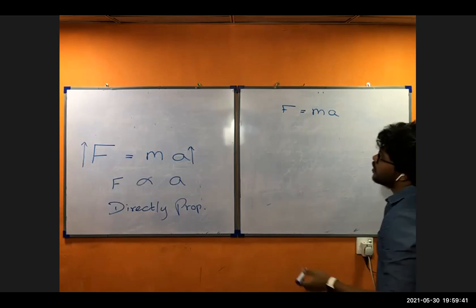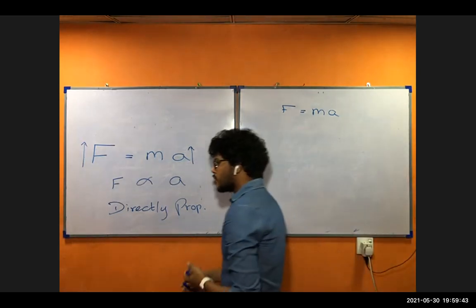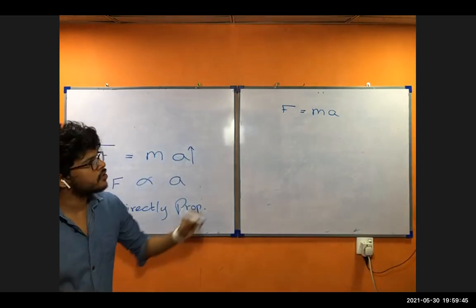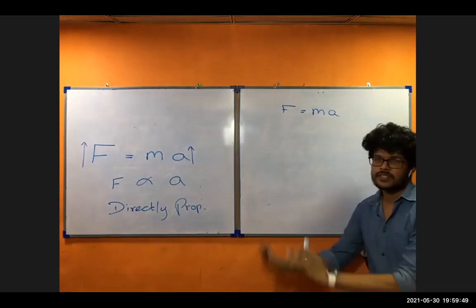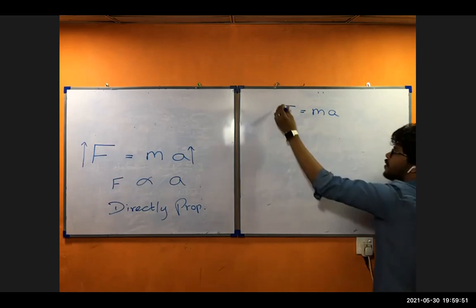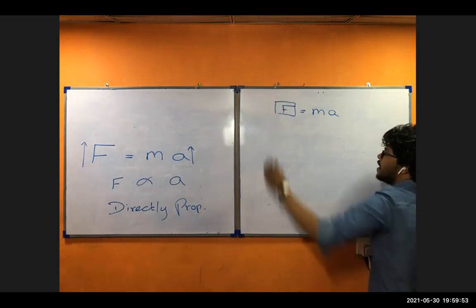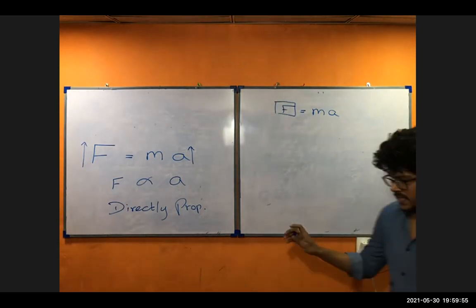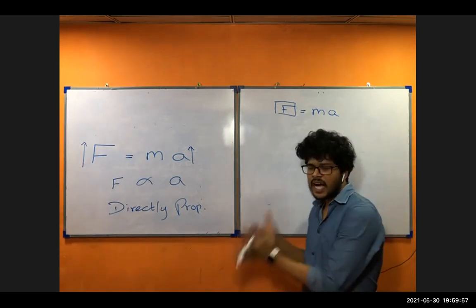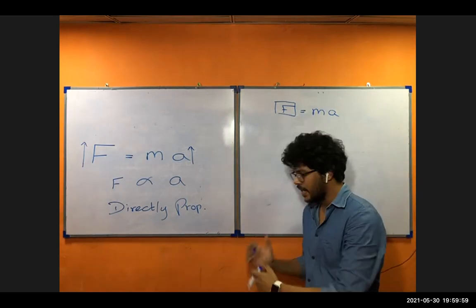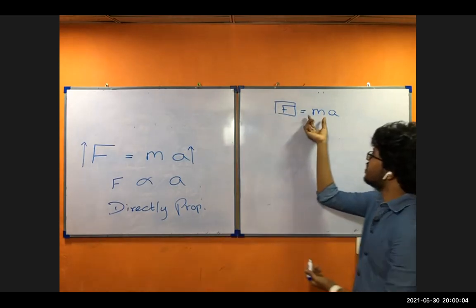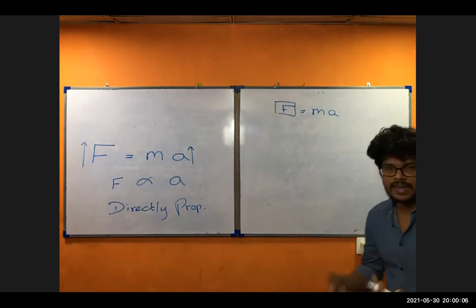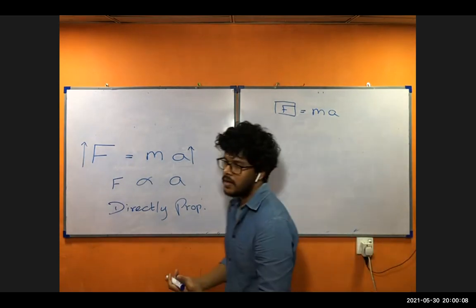In F equal to ma, let's say I am not going to change the force. I'm going to exert the same force. But I have two objects, like a car and a lorry. The mass of the car is obviously less than the mass of the lorry, right?